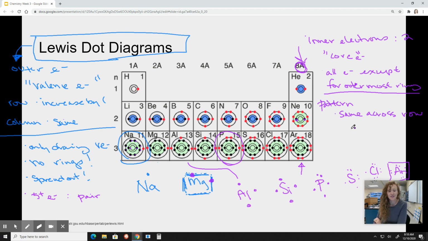So we will continue talking about this and more patterns that we see off the periodic table. For now, what I want you to do is draw the Lewis dot diagrams for the second row and also for the first row, and notice, do you see any patterns? All right, let me know if you have questions. I will see you in class.